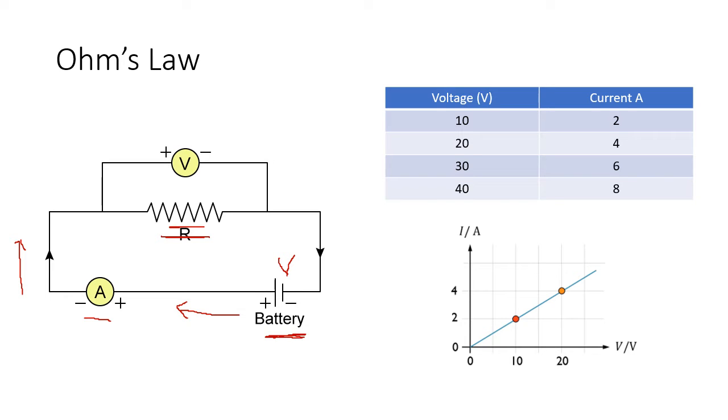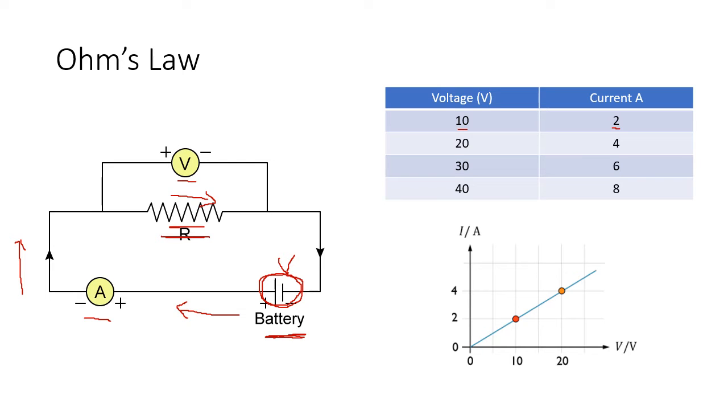When this battery is providing 10 volt, then the ammeter is showing a current of 2 ampere. Try to understand this. When this battery is providing a voltage of 10 volt, that potential is making the electrons flow through this material.